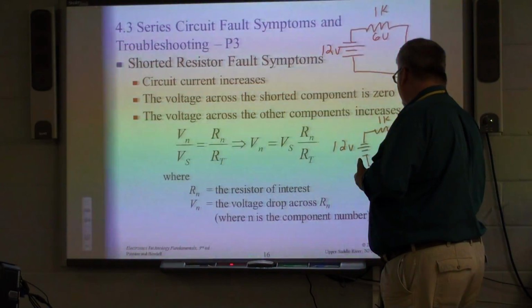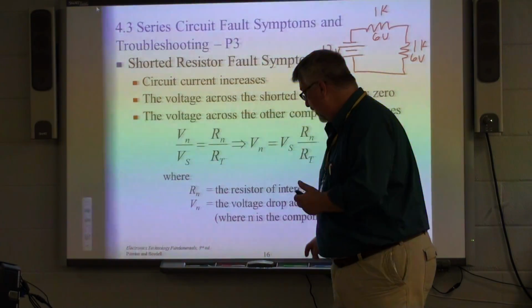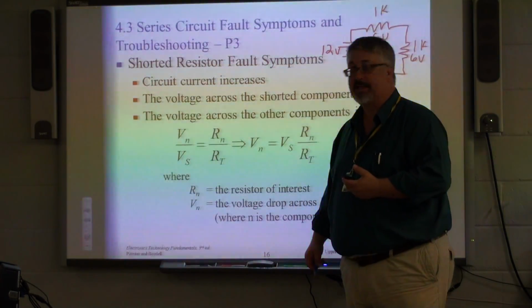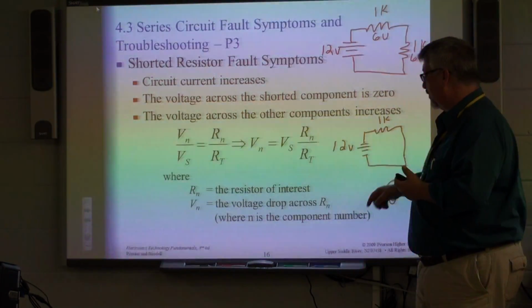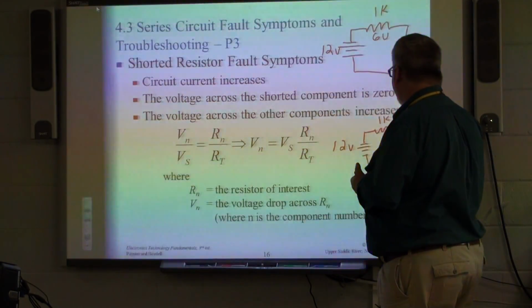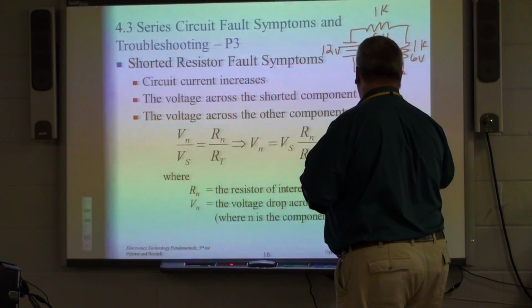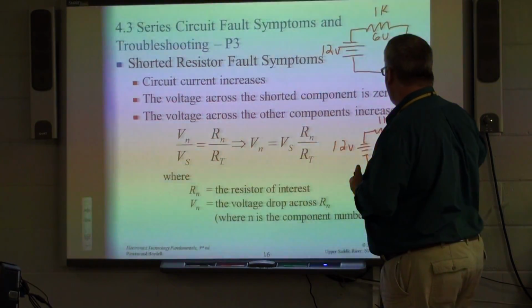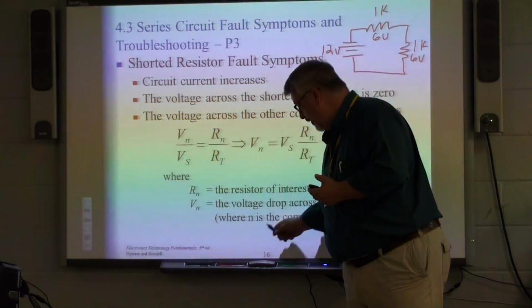Or if we actually look on the board, here's the holes for the resistor, and when we go to solder it, so maybe when you were back there soldering it, we drop a blob across it. That's the same as putting a piece of wire there, even if the resistor's there. Because what we'd have would be this resistor here, but because we got that large blob of solder, we're shorting out that resistor and putting it right there.